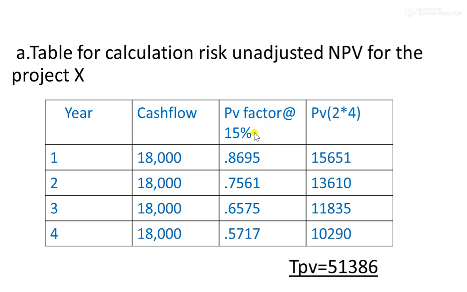And you know that for the 15% factoring rate, you can get the ready-made list, or you can calculate with the formula to get this rate of factoring. So this is the first year 0.8695, 0.7561, 0.6575, and 0.5717.